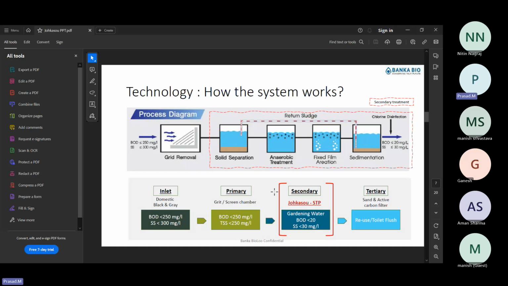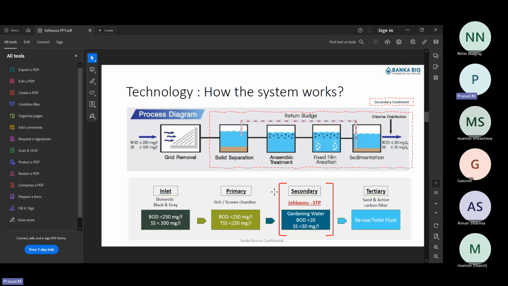But if you install above ground, and they are also preparing food, then you have to provide a bar screen chamber, oil and grease trap, and one collection tank.